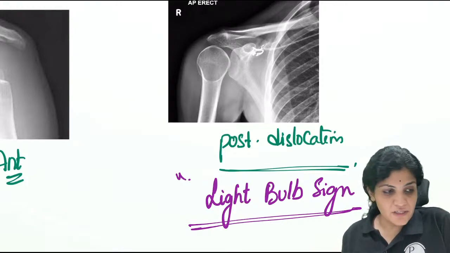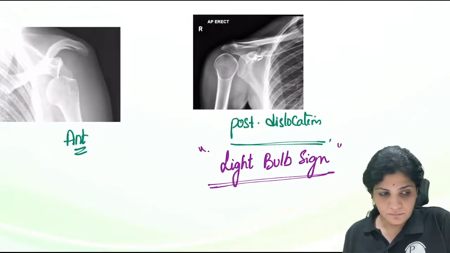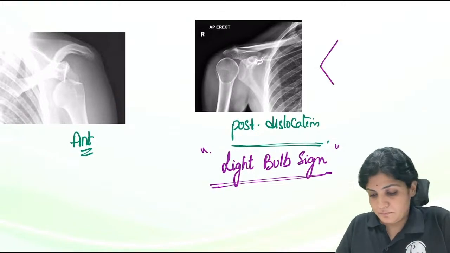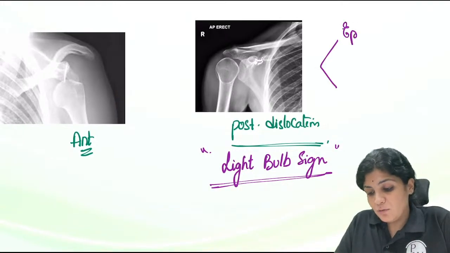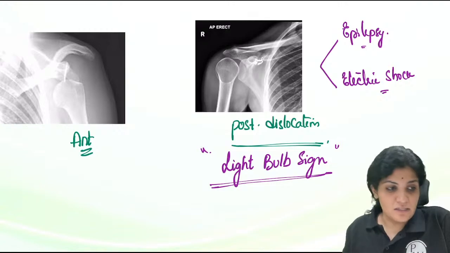But in posterior dislocation, this is called the light bulb sign. I have told you that usually this is seen in epileptic patients or in electric shock. So that is about posterior dislocation.